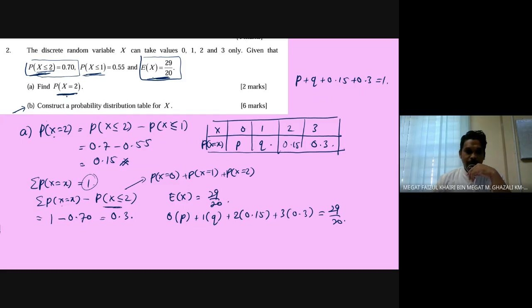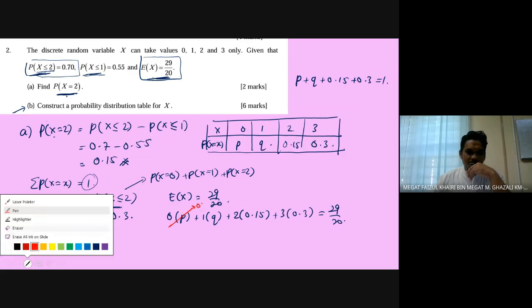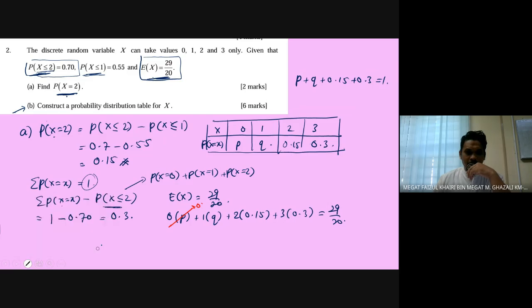Okay, so now, 0 times P equal to 0. So what do we have here now? 1 times Q equal to Q plus 2 times 0.15. 2 times 0.15 is 0.3, and 3 times 0.3 is 0.9, right?